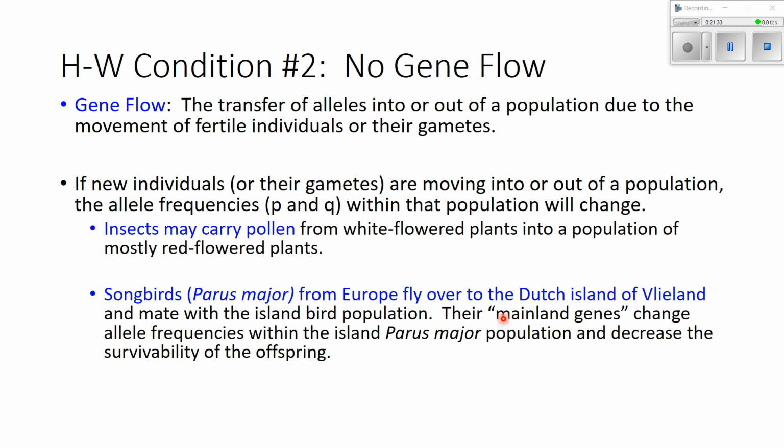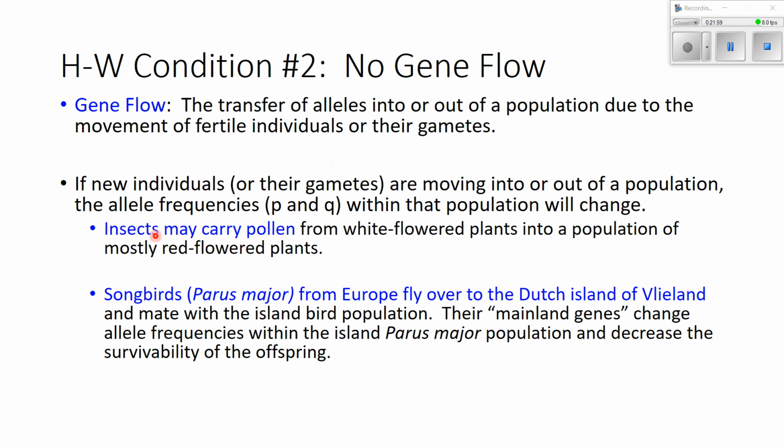Like we could be talking about plants on opposite sides of a river, but the pollen could blow across in the wind, and so that would be a gene flow. So if new individuals or their pollen are moving into or out of a population, the allele frequencies within that population will change.